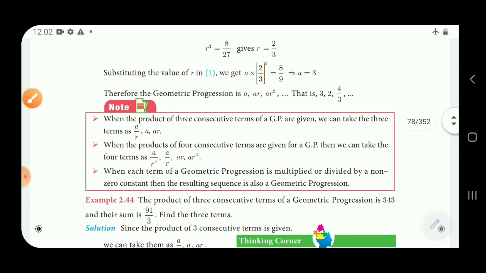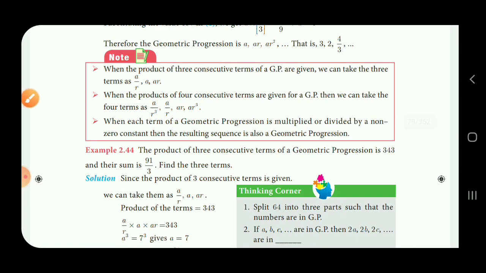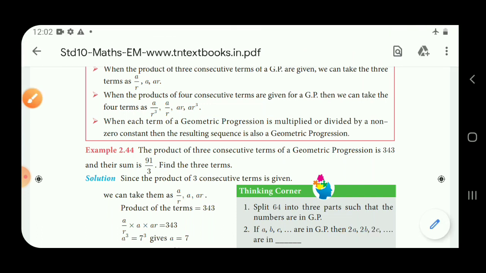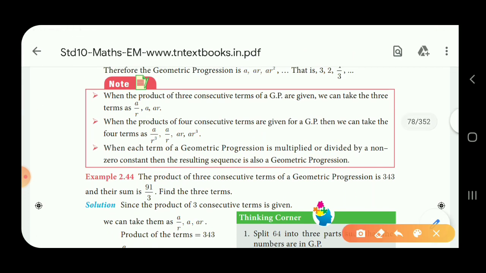So now note the main formulas. When the product of three consecutive terms of a GP is given, we can take the three terms as a by r, a, ar. For the product of four consecutive terms of a GP, take a by r cube, a by r, ar and ar cube.